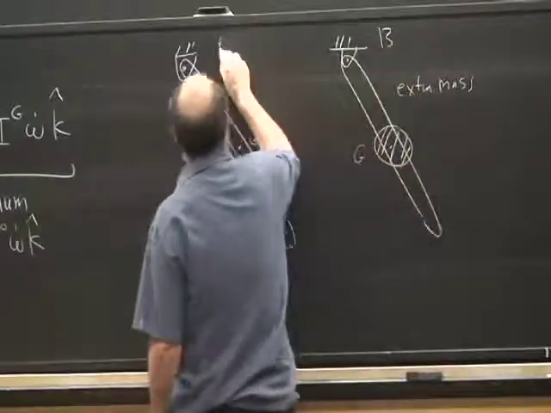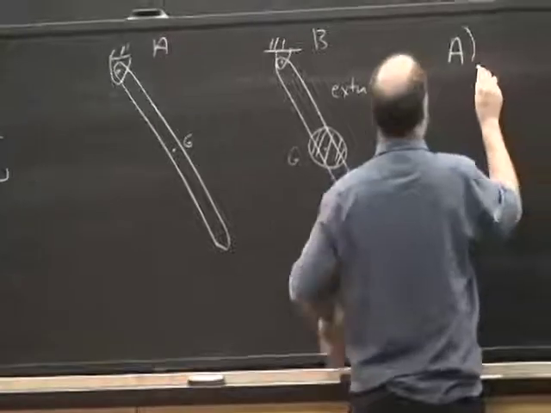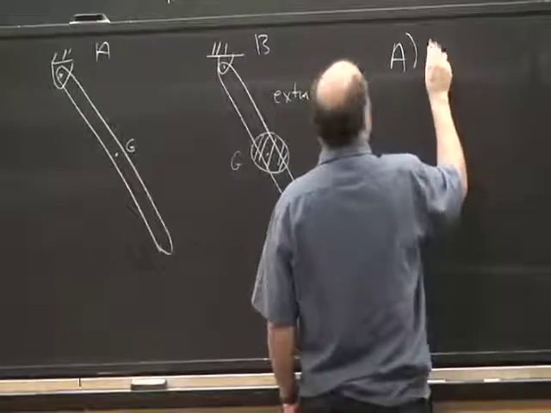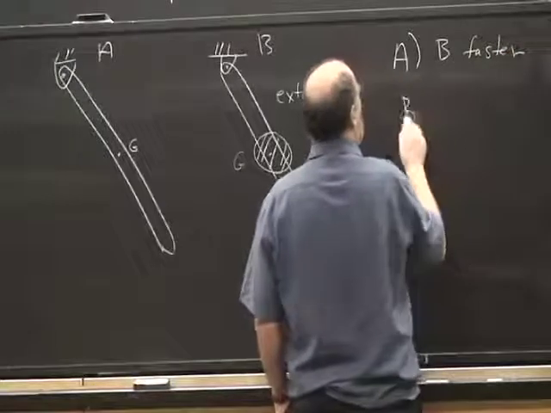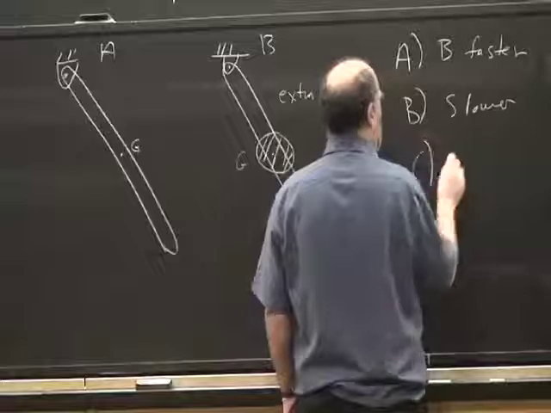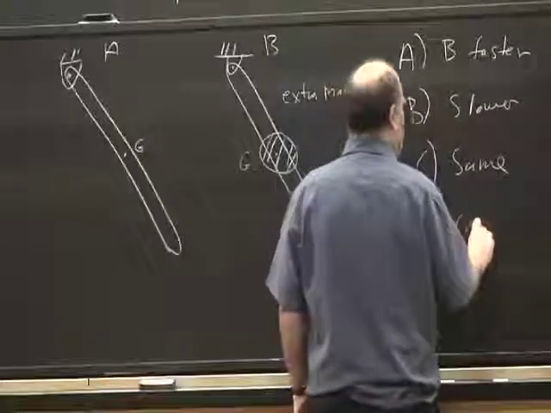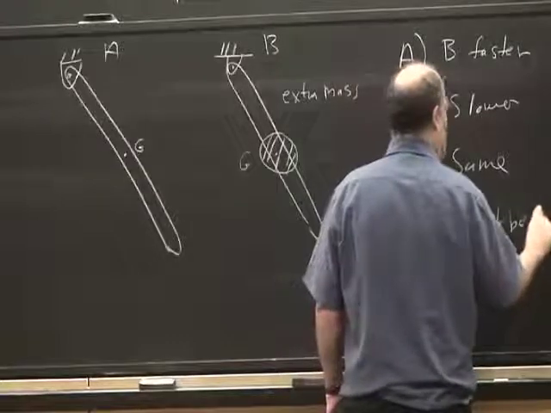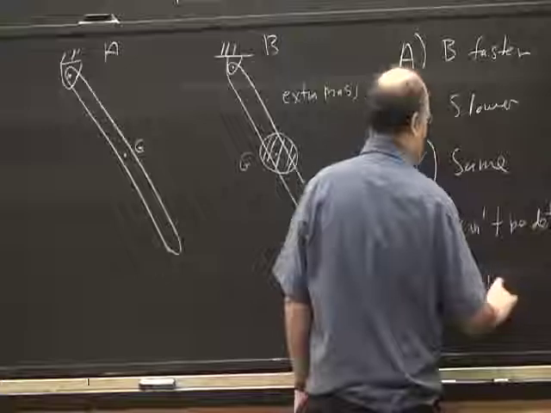We'll call this B and we'll call this A. And the question is, for your quiz now, is B faster than A? Slower? Same? Can't be determined? I have no idea.